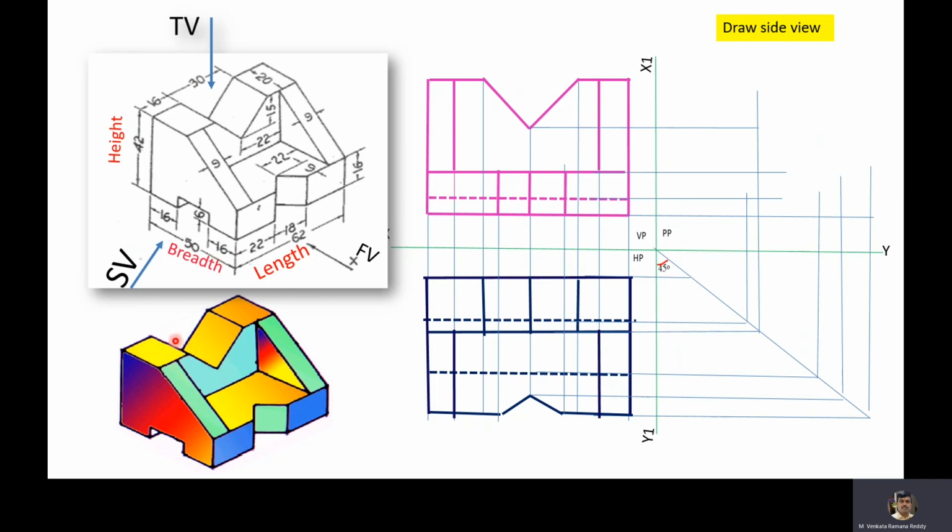Whereas this V groove is there, no? This V groove lower end, this line is there, no? Along the breadth direction, that line is invisible. Then along the breadth direction, this line is there, no? That line is also not visible. Whereas in height direction, this line is there, no? That line also not visible. Then in the case of this lower V groove, this vertical line, that line also not visible.